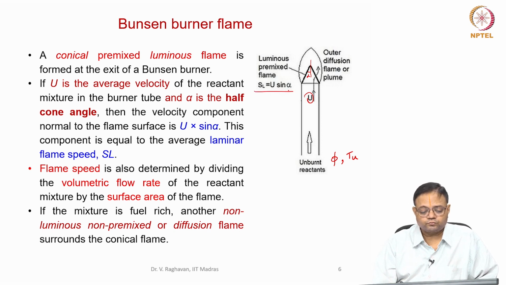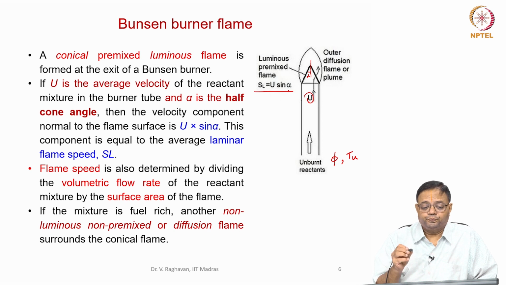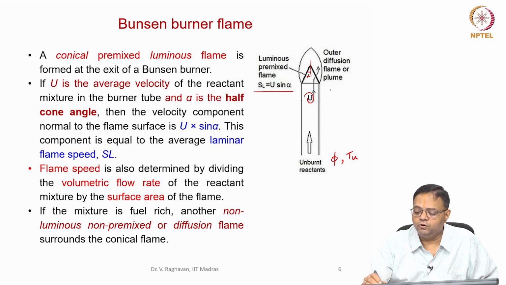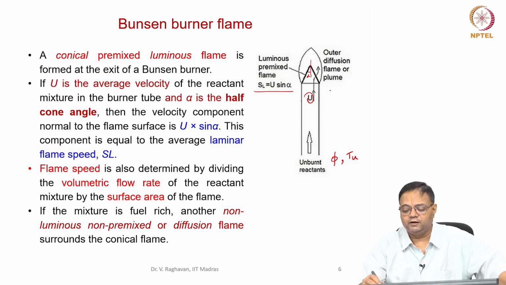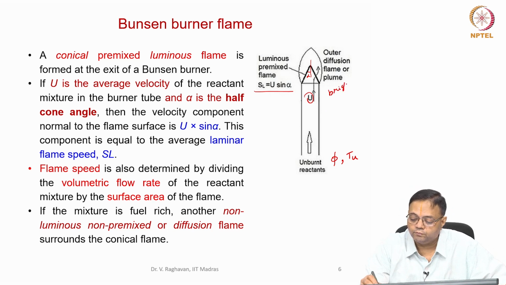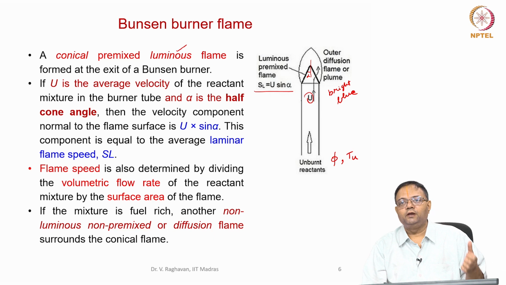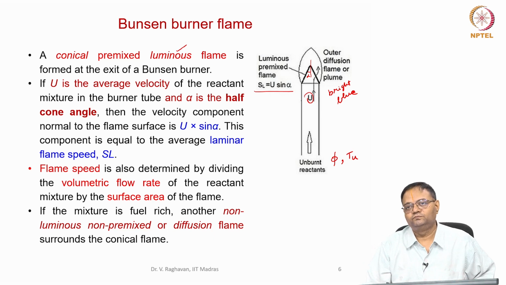Okay, now the conical premixed flame is luminous, as I told you, not very luminous, but it is actually bright blue in color. And basically the luminosity of the flame indicates the strength of the mixture or the rate at which reaction takes place.